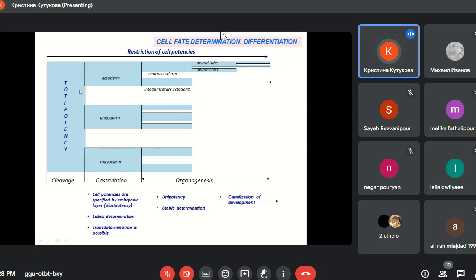Toti means any, every. Next, during the gastrulation stage of the embryo itself, when we finally have three layers, ectoderm, endoderm, and mesoderm, as a result of the second stage of gastrulation, cell potencies are specified by embryonic layer, and now they are not totipotent, but they are poly or pluripotent.